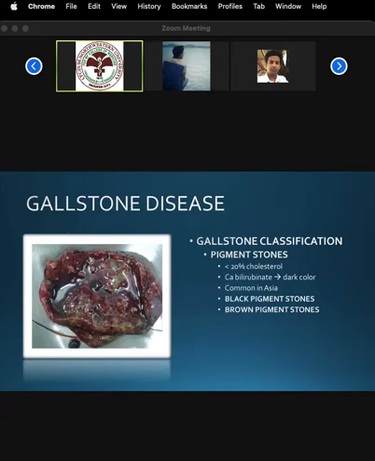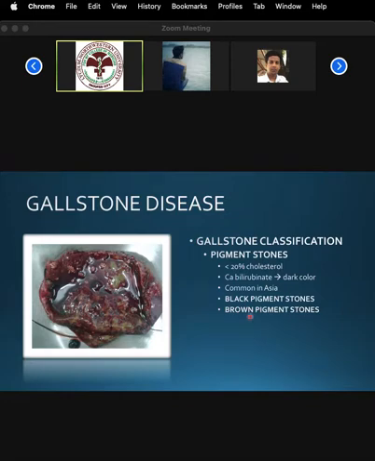Your brown pigment stones, on the other hand, are rare. They're usually less than 1 centimeter in widest diameter. They may be brownish yellow, soft, and mushy. They are secondary to bacterial infection that is caused by bile stasis, and they may form in the gallbladder or bile ducts.